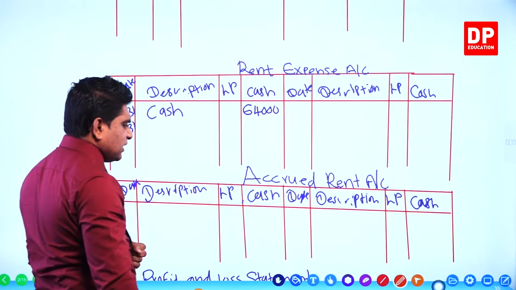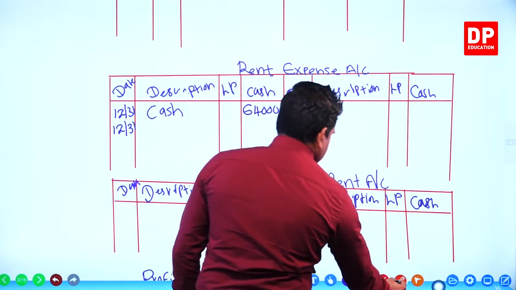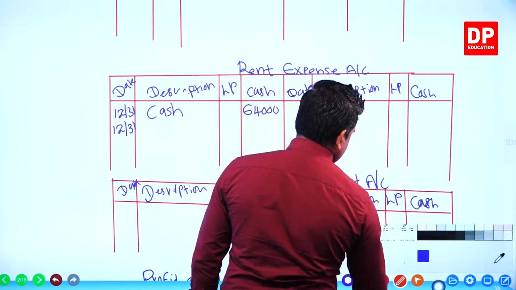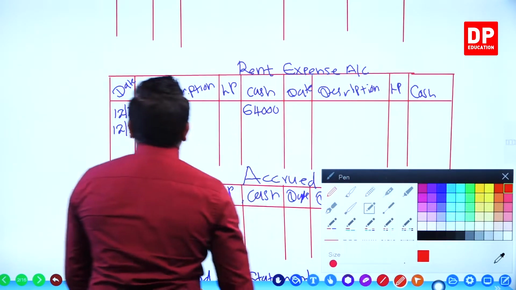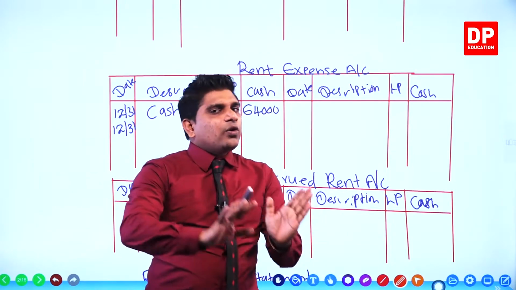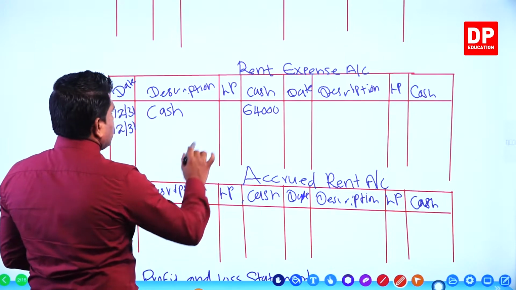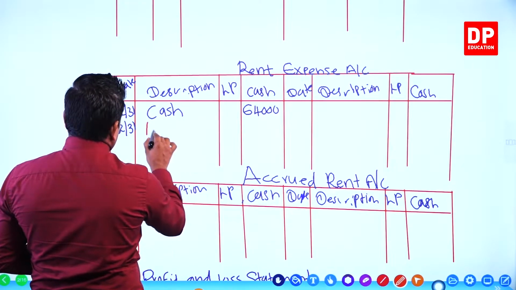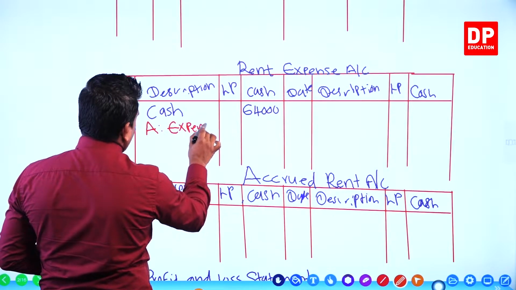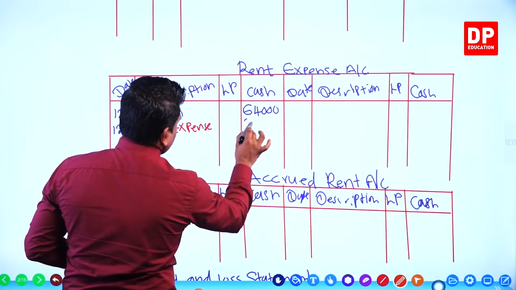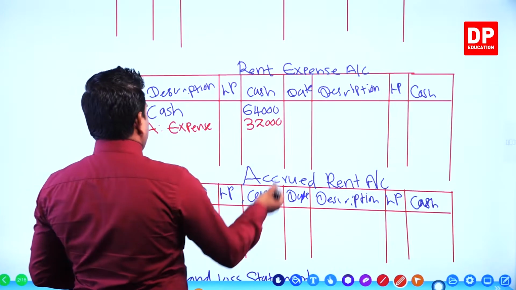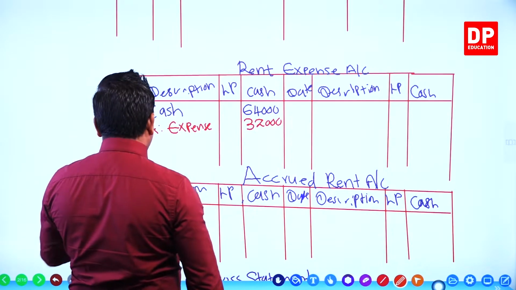If you want, I can use another color. What's the double entry? Relevant expense account debit, accrued expense account credit. Then in the rent expense account, you write accrued rent expense, 32,000, right?